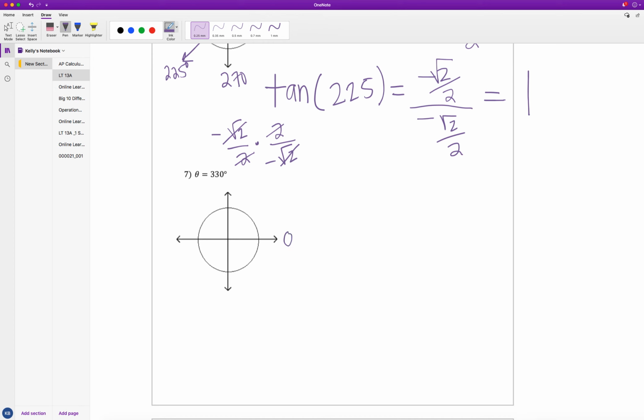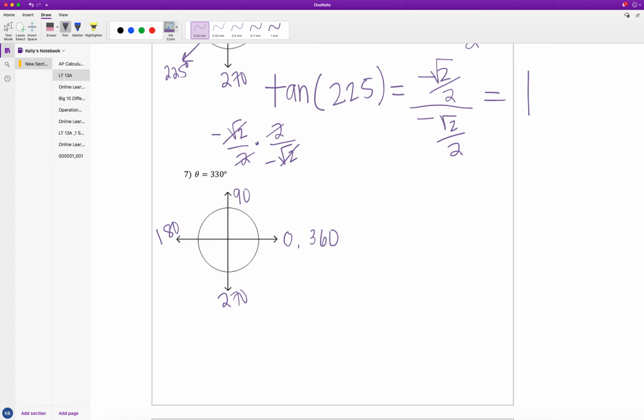I know 0's here, 90's up at the top, 180's on the left side, and 270 is down here. And if I were to keep going, 360 would be coterminal to 0. So 330 is somewhere here in quadrant 4 because it's bigger than 270 but less than 360. What I need to figure out is is it going to be the low angle, the high angle, or the middle angle from there?